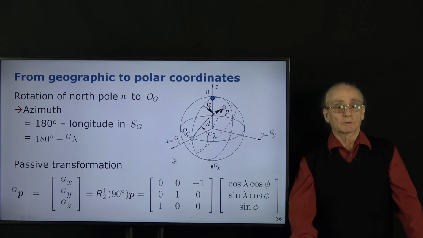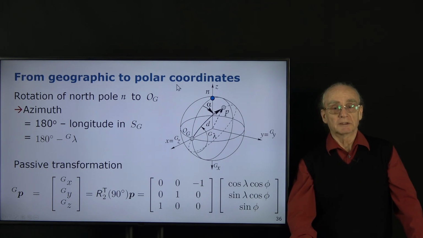Okay, now we would like to have the transformation from geographic to polar coordinates. So we have this point in geographic coordinates, and we want to describe it in polar coordinates with respect to this coordinate system here in OG.